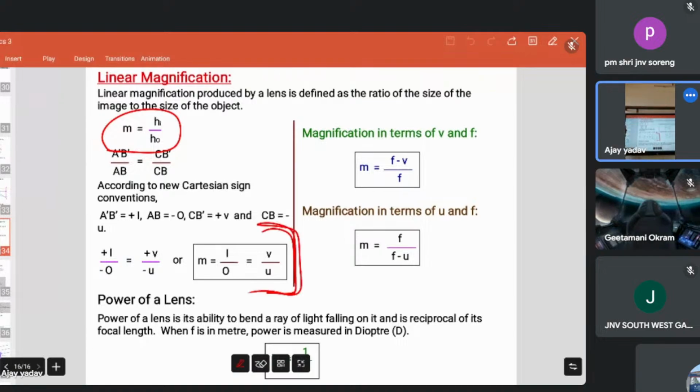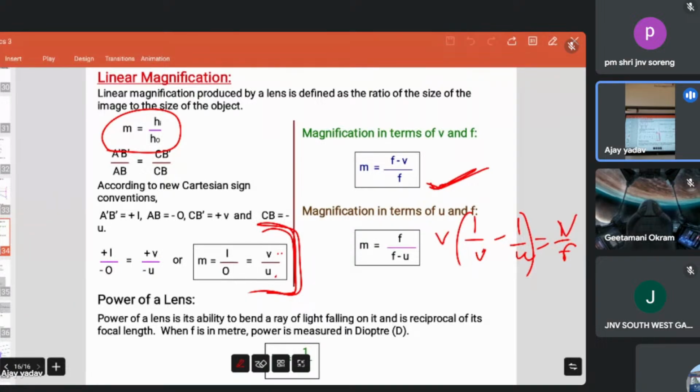In case of mirror, magnification is negative, it is minus v by u. Here it is positive, plus v by u. This is the magnification in terms of v and f. You can derive it from the lens formula 1 by v minus 1 by u equals 1 by f. What we have to bring is v by u, so multiply both sides by v.